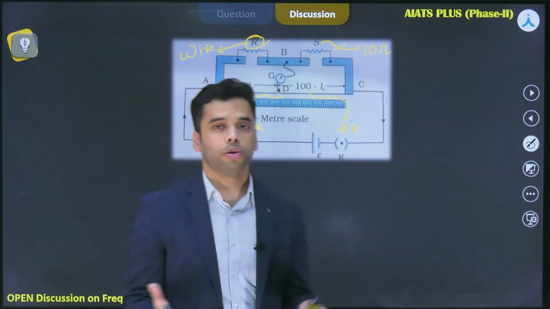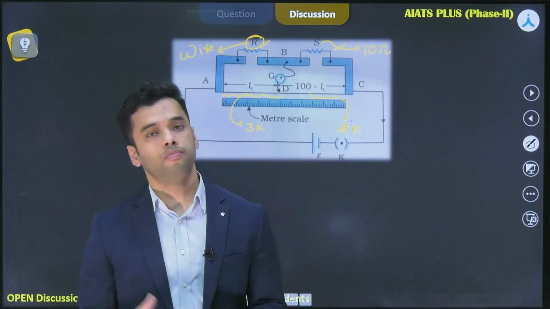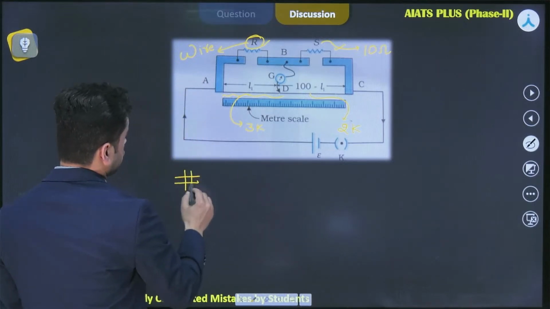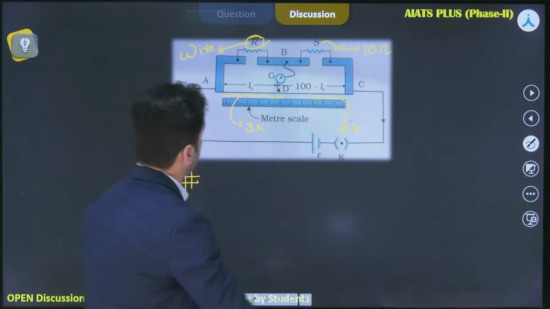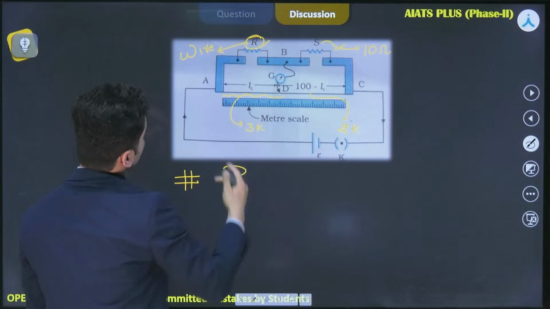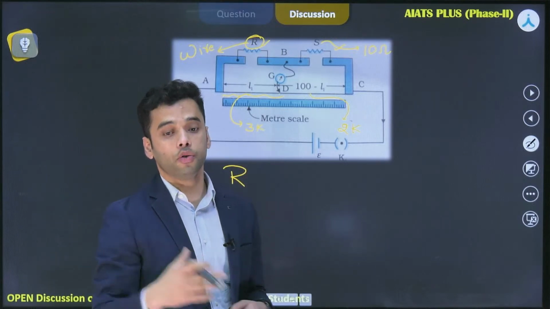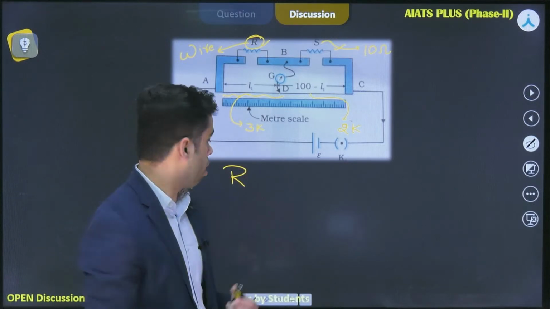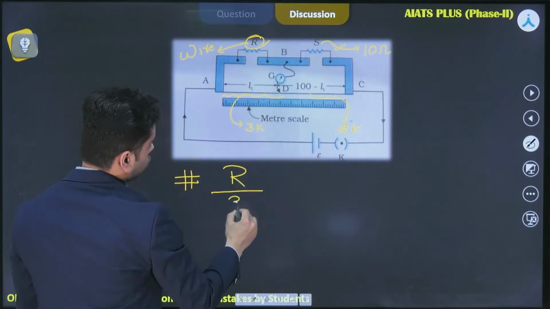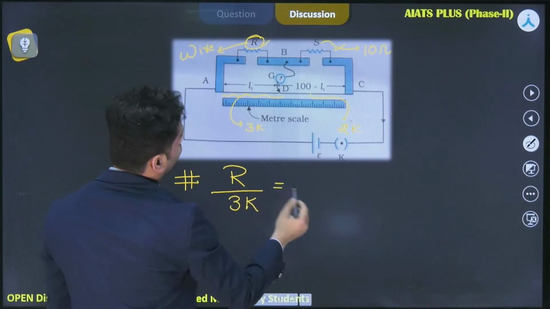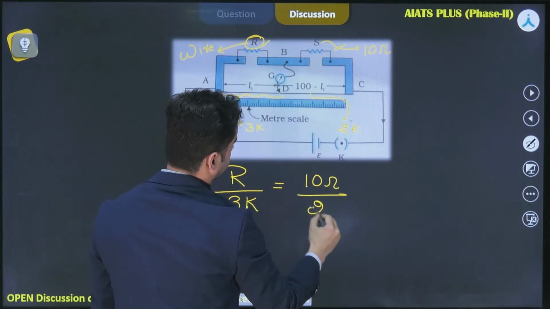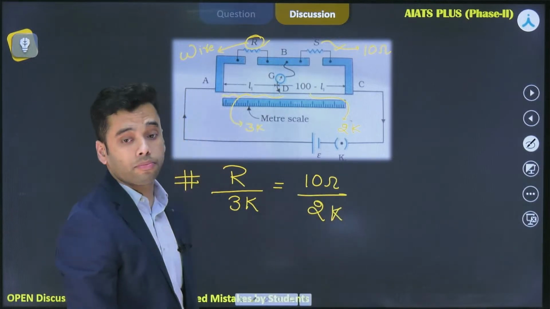So dear students, we all know that this meter bridge works on the principle of balanced Wheatstone bridge, right? So on the basis of balanced Wheatstone bridge, let me assume that the resistance of the wire that we need to find is R. So R over 3K should be equal to S, which is 10 ohm, over 2K, right?